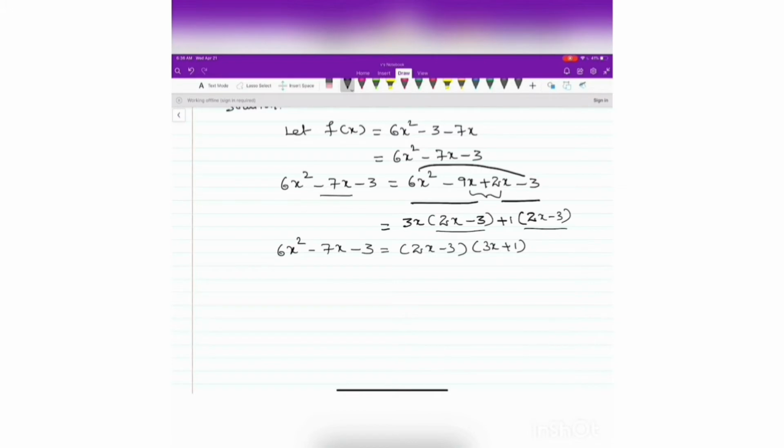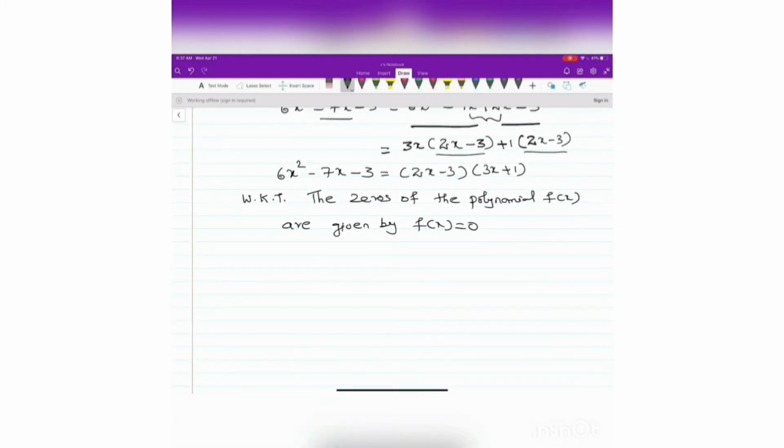Now, the very important statement, we know that the zeros of the polynomial f of x are given by f of x equal to 0. This implies 6x square minus 7x minus 3 should be equal to 0.